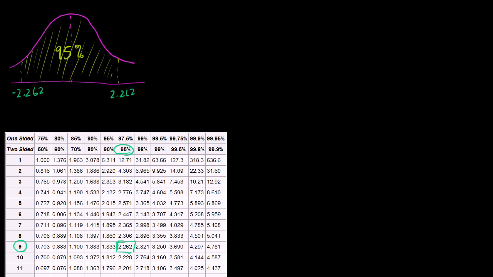That's what this right here tells us. If you contain all the values that are less than 2.262 away from the center of your t distribution, you will contain 95% of the probability.